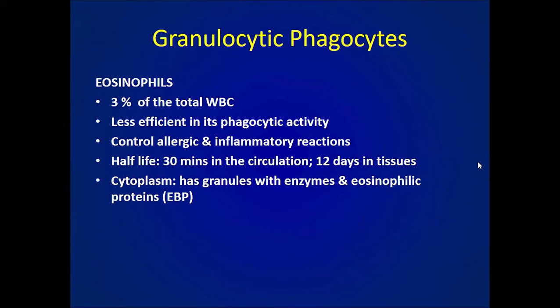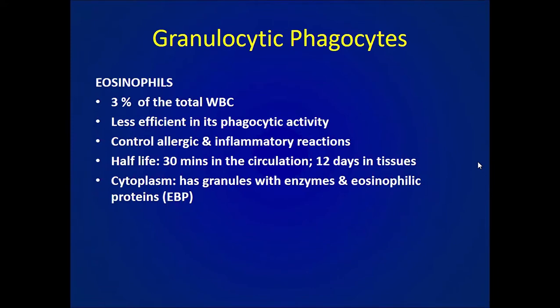Then we have the eosinophil. It represents about 3% of the total WBC count, and it has been found to be less efficient with regard to phagocytic activity. Basically, your eosinophils are increased in cases of allergic reactions or inflammatory reactions.